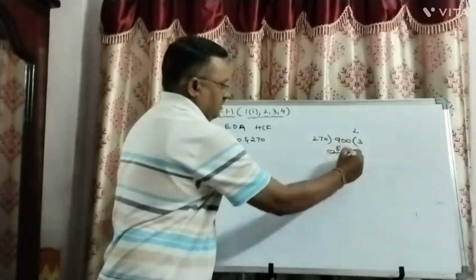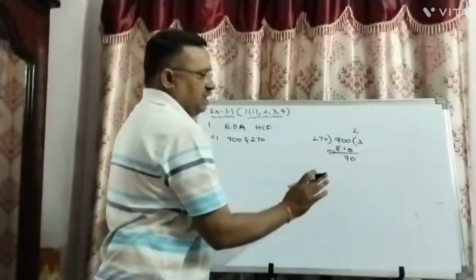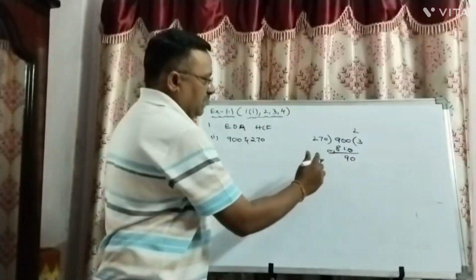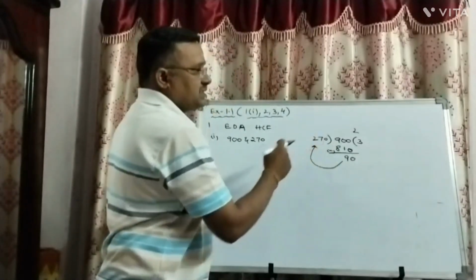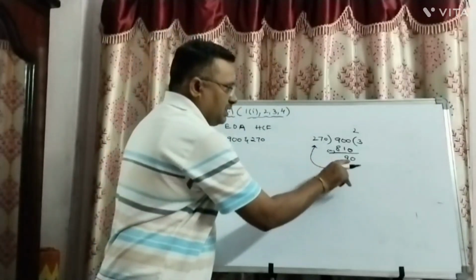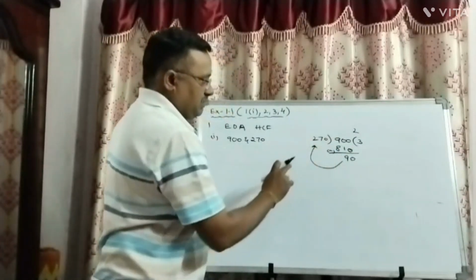By the subtraction, it becomes 90. When the remainder is 90, non-zero, the remainder is going to divide the previous divisor.